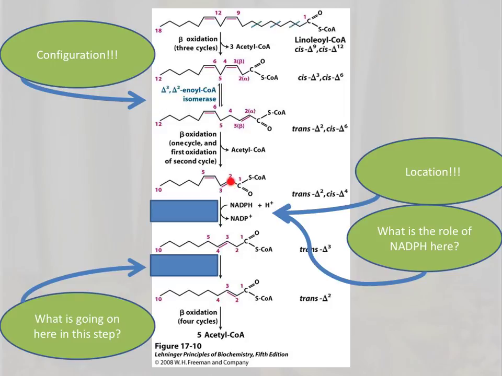So before we have both a trans and a cis double bond here, now we're going to have a trans double bond, but it's going to be at position 3. Okay, so that's what this is trying to tell you. Trans position 2, cis at position 4. So what class or classes of enzymes can do this? What are some of the possibilities?